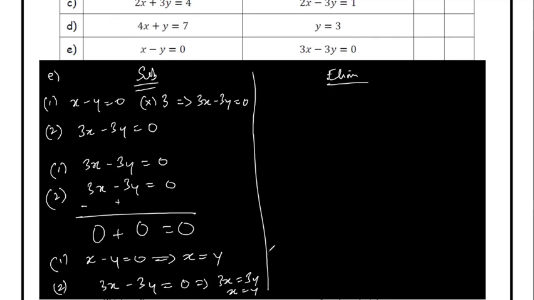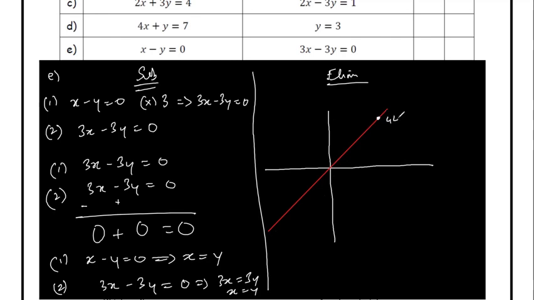I would love to stretch on this point and show it to you graphically. On the xy coordinate plane, it would be a straight line passing through the origin like this. And this red line will have all the coordinates on it where x and y are equal.